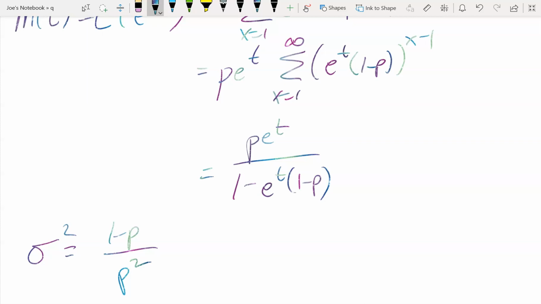It'll work as long as your t is less than the natural log of whatever it said it was. You just need to make sure you don't get a 0 in the denominator, or a negative. That's why it needs to be that way. So that's the moment generating function for any geometric. Once you know the p, you know the moment generating function for any geometric random variable.